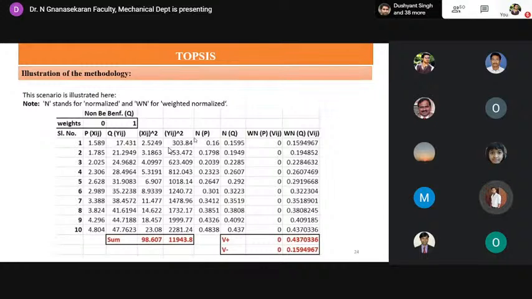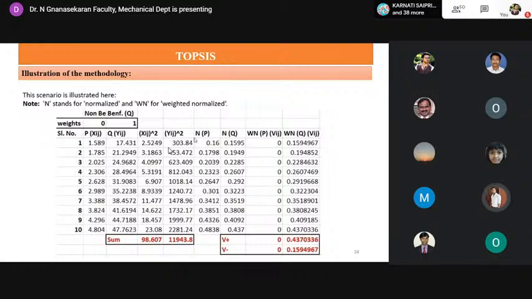Now the last two columns denote the weights. You can see below the non-beneficial P and beneficial Q, we have assigned weights of 0 and 1. The non-beneficial parameter is P. It is an arbitrary thing. We are starting with 0.